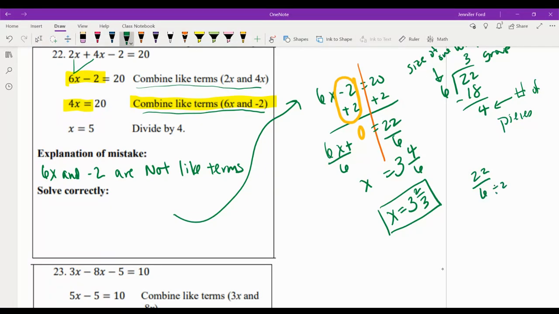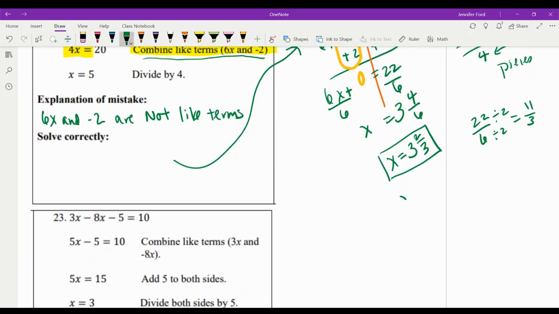If you divide it down by 2, 11/3. You could write that as an answer. X equals 11/3. Sometimes in algebra, it's more helpful to have an improper fraction as an answer, so you can kind of decide which one you prefer. Cool.